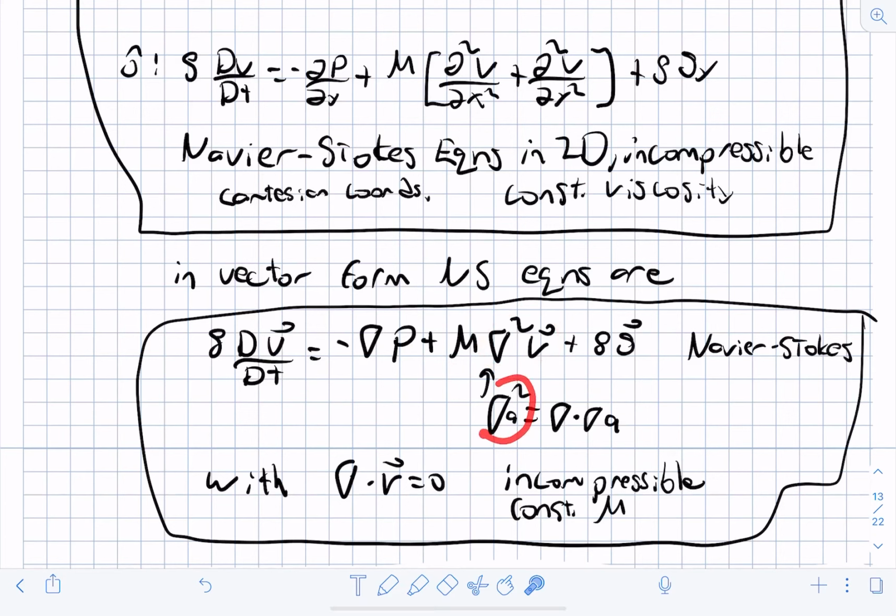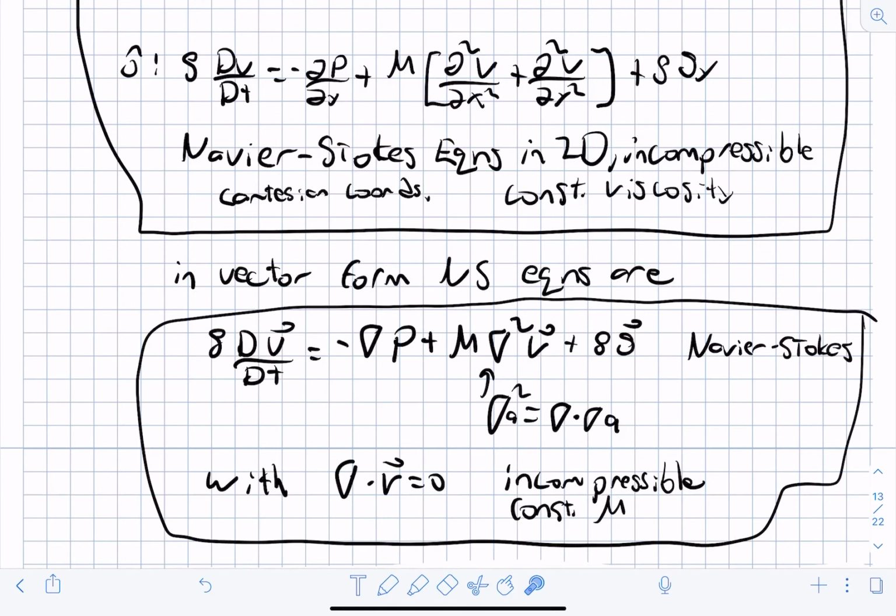Just recall that the Laplacian is the divergence of the gradient of a scalar. And then you also have the constraint that the divergence of the velocity is equal to 0. These versions of the Navier Stokes are for incompressible flow with constant viscosity. And a lot of your hydrodynamics flow solvers will solve these versions of the Navier Stokes equations.